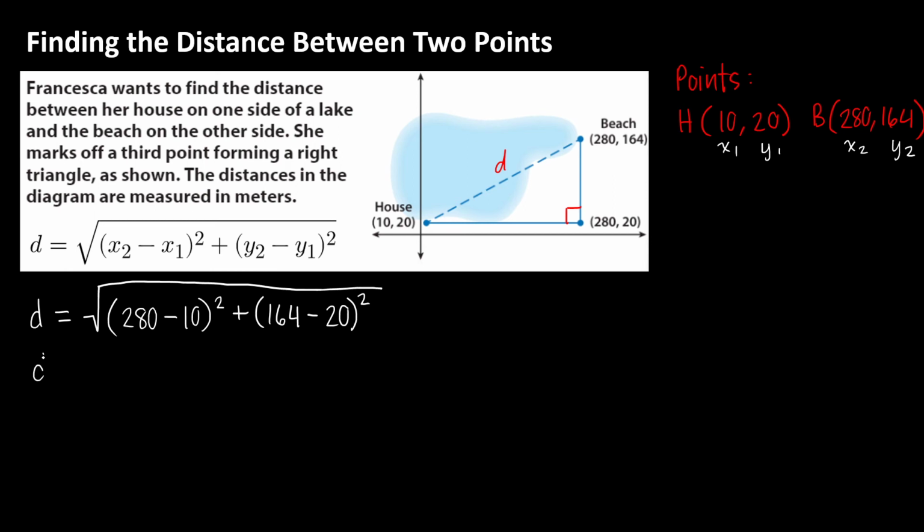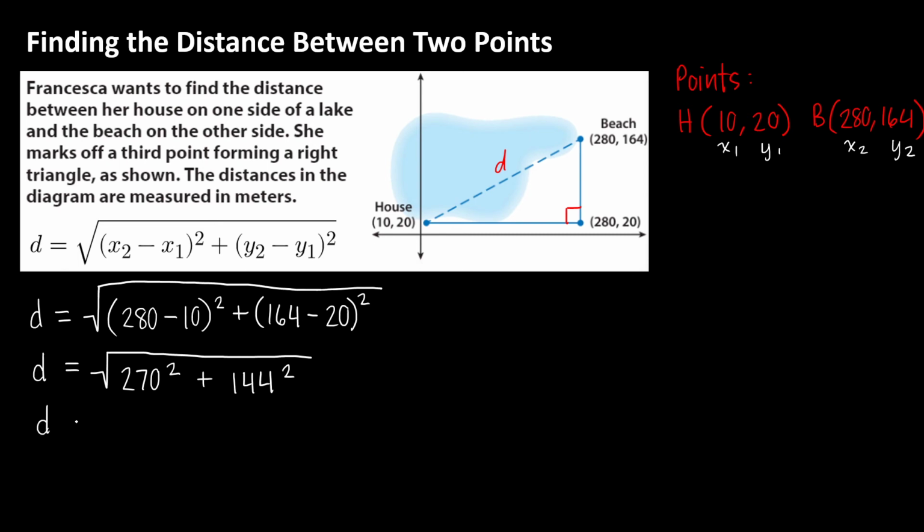From here, we are doing the operations we see in the parentheses first. 280 minus 10 is 270, and that's squared, plus 164 minus 20 squared. So 164 minus 20 is 144, and we are squaring that.